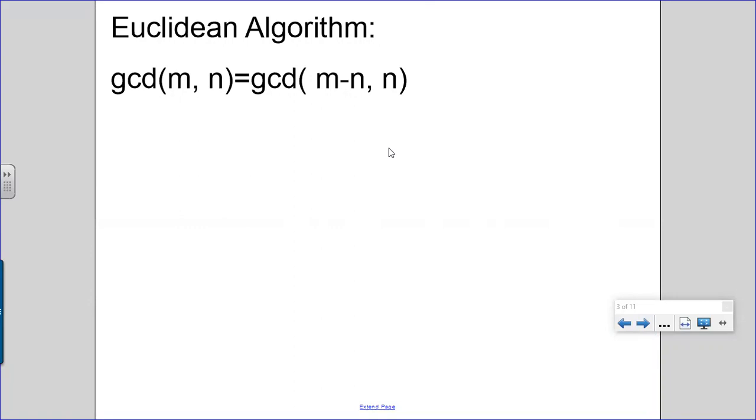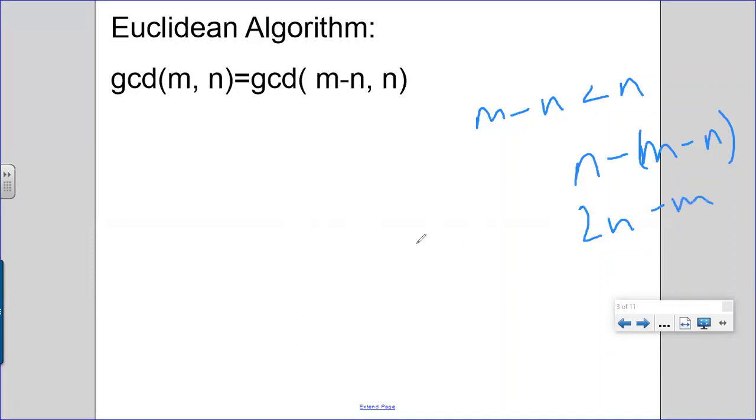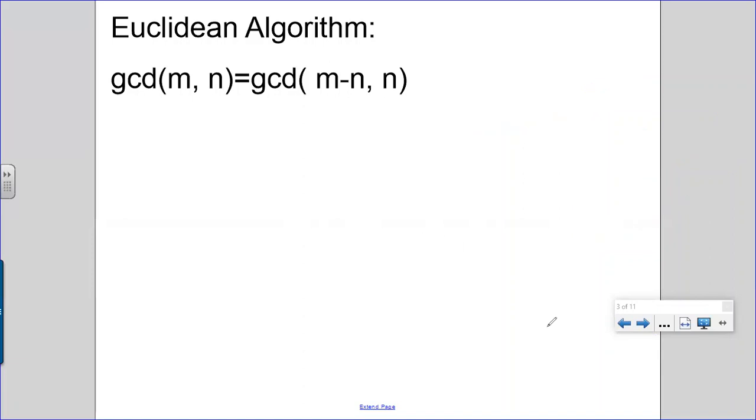And then now if we know m minus n is smaller than n, then we could do n minus (m minus n), which would get us 2n minus m. And that's a whole thing. But we can just keep simplifying down this way. Okay, questions, comments, concerns so far? Cool.